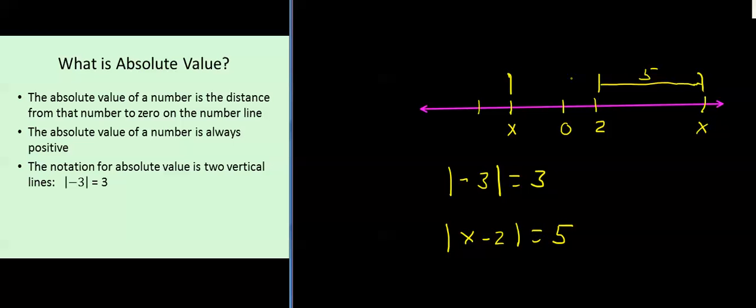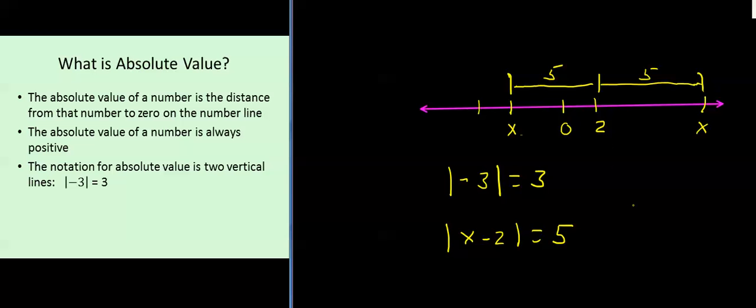The distance here is also 5. All right? So if we subtract x minus 2, we would have a positive number. But if we did it in the other direction, we would have a negative number. So if we went x minus 2 here, since this is negative, it would be a negative number.